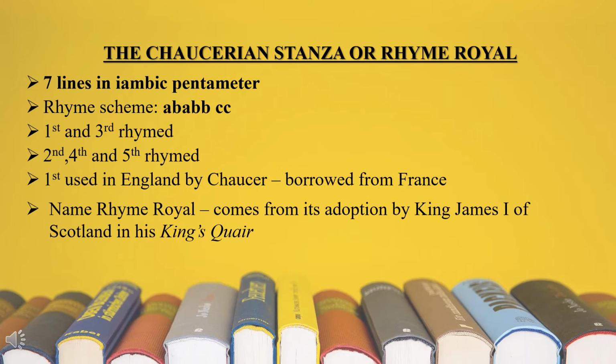This rhyme royal was first used in England by Chaucer, and it was borrowed from France. The name rhyme royal comes from its adoption by King James I of Scotland in his King's Quair.